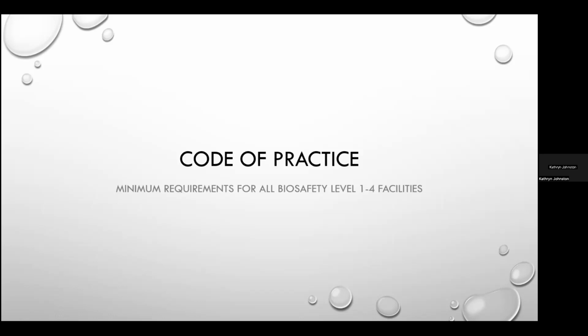So the code of practice is a list of the most essential laboratory practices and procedures that are basic to good microbiological technique. So diagnostic and healthcare laboratories should be at least a biosafety level 2 or above. And the guidelines presented here are comprehensive and detailed, and they're fundamental to labs of all biosafety levels.